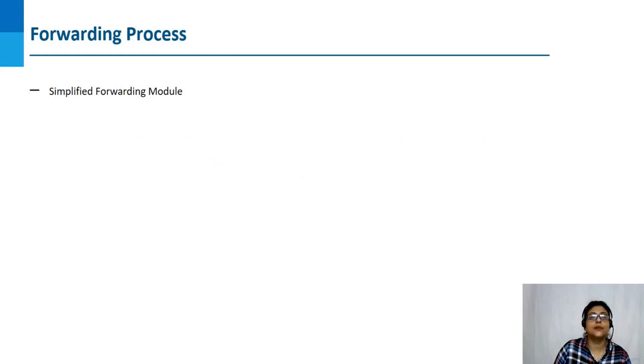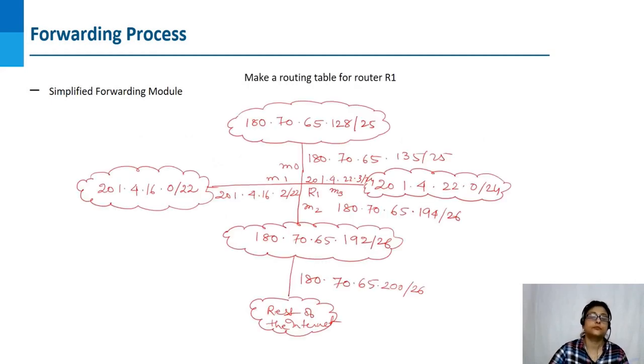Let us understand the simplified forwarding module with the help of an example here. You have to make a routing table for the router R1 for this given figure. This figure shows that there is a router R1 over here. This router has 4 interfaces: M0, M1, M2, and M3.